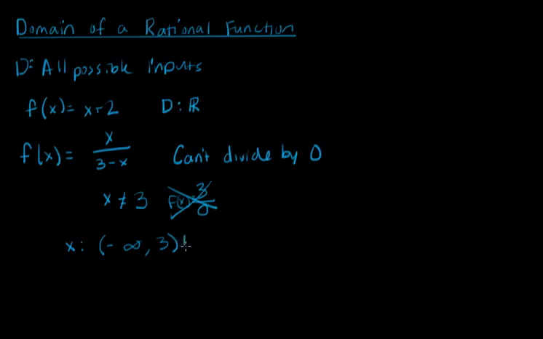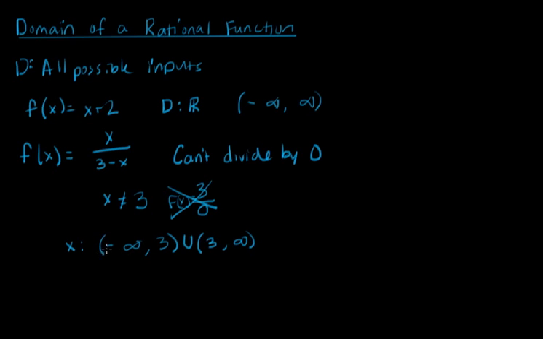And then we do the union of that with everything from 3 to infinity. So all real numbers can also be written as negative infinity to positive infinity, right? It's all the numbers from negative infinity to positive infinity. If we want to exclude 3, this is the way we write it.